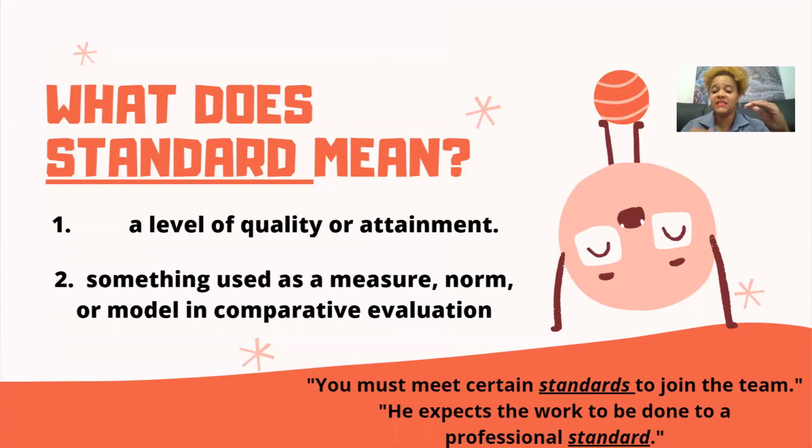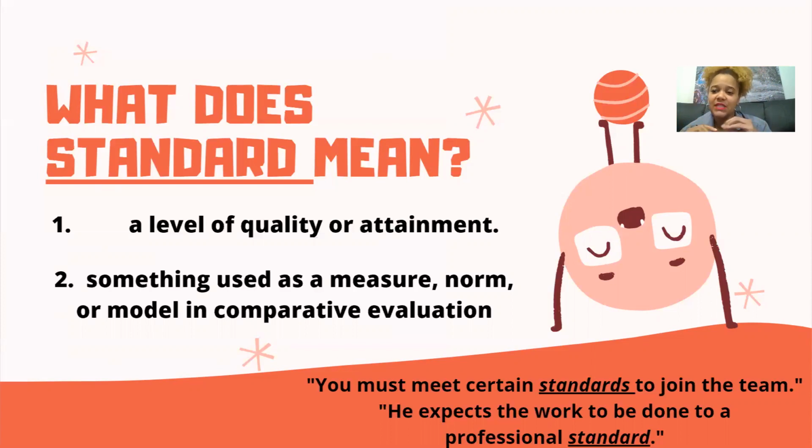So there's a baseline of what must be done, a measure, and that baseline is a normalcy. You must be able to be here in order to achieve more. You must at least hit this in order to get there. That's one reason why we say he expects the work to be done to a professional standard. It must be done at least at this level.